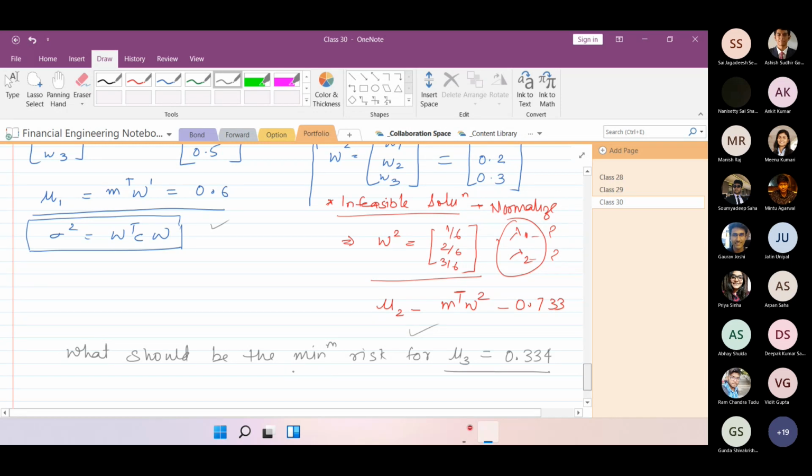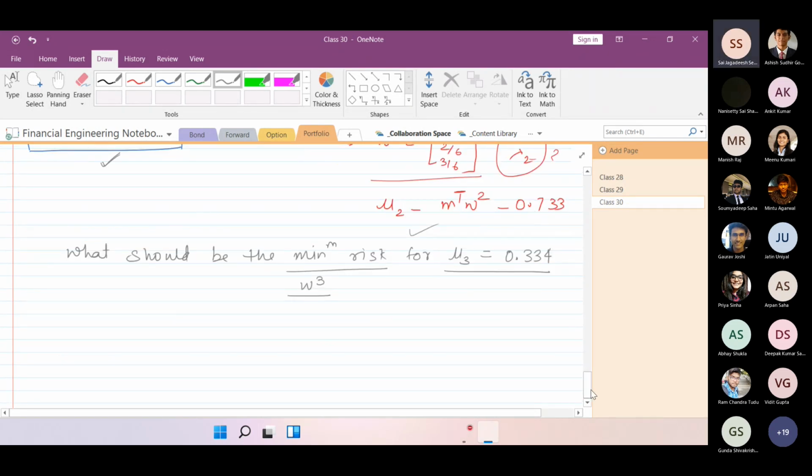In other words, if I know what would be the weight W3, I can actually calculate what would have been the minimum risk, because that becomes putting W3 instead of W in the variance equation, and that will give me the minimum risk. All of you agree? Yes, sir.